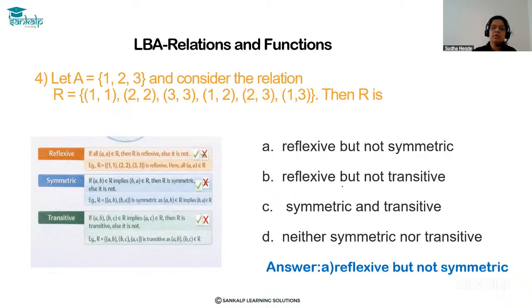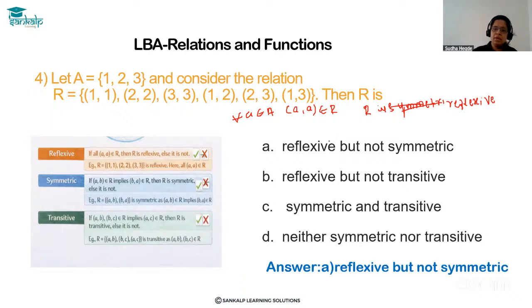All three elements belong to R. So for all a belongs to A, (a, a) belongs to R. So for all elements 1, 2, 3, (1, 1), (2, 2), (3, 3) belong to R. I'm sorry, R is reflexive.